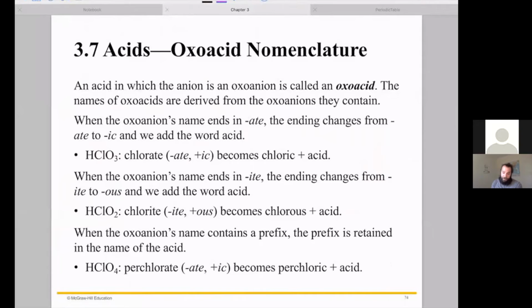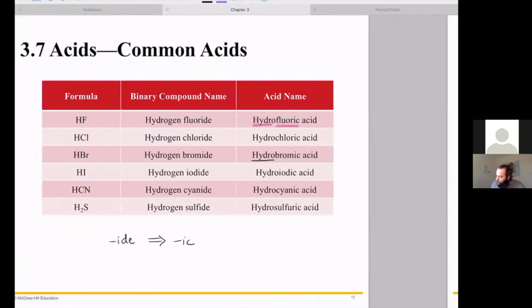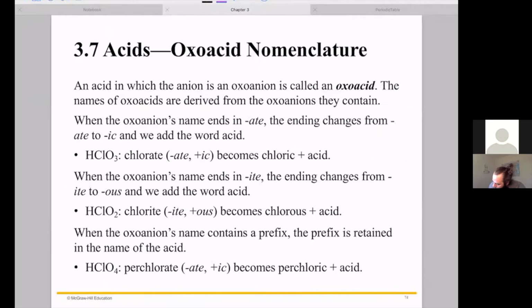We also have acids that are made up of polyatomic ions, and then we have a little bit more of a complicated situation on our hands. But there's a similar logic to what we did before. For our simple ones, the ides turn into ics. For our polyatomic ions, if it ends with ate, that becomes ic. This would have been a chlorate, which wasn't one of the ones that we had to memorize, so you might not know this without looking at your cheat sheet. That's perfectly fine. You're still going to have to be able to turn your cheat sheet ions into acids if asked.